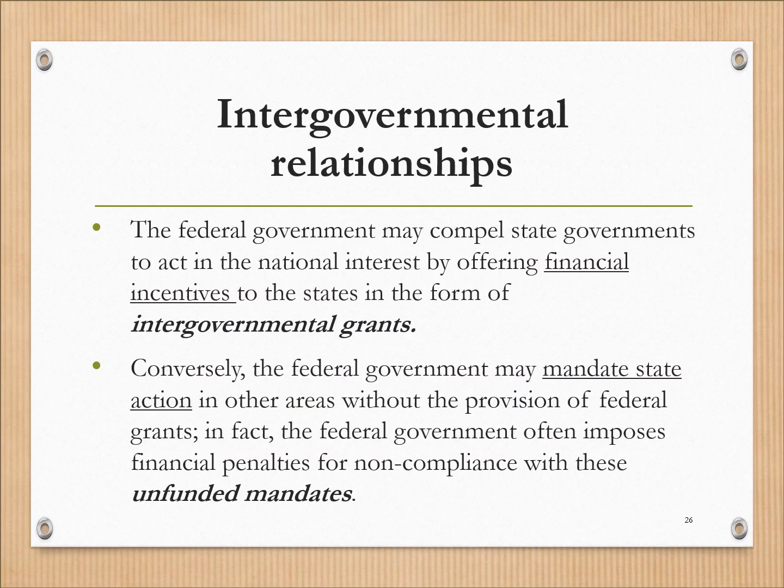So why does all of this matter? Well, it matters to understand the relationship between the state and federal government, because states rely on federal government funding and assistance, and the federal government can compel state governments to act in national interest by offering financial incentives.